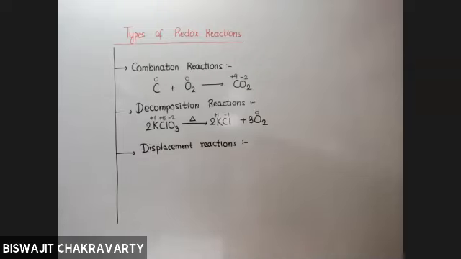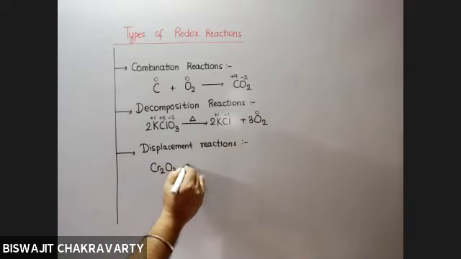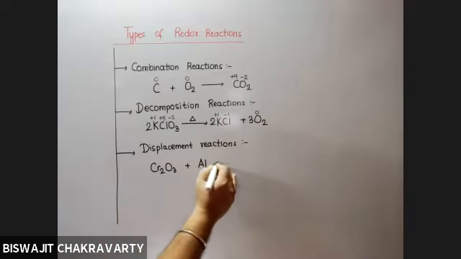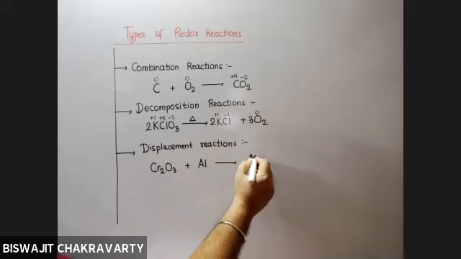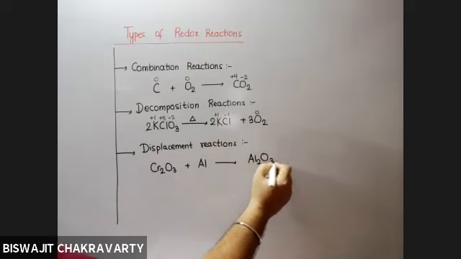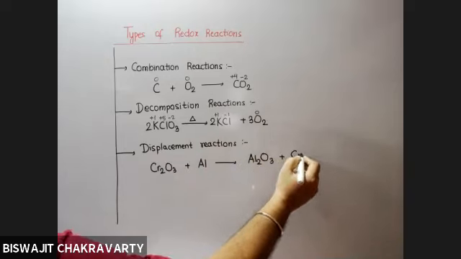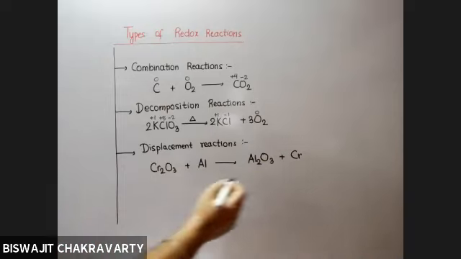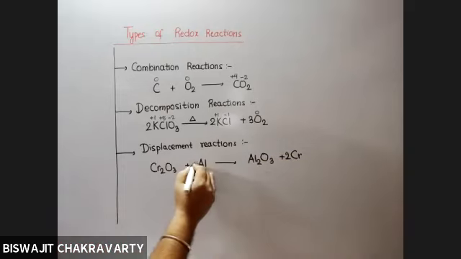When one element displaces the other from its normal position, it is referred to as a displacement reaction. Say for example, we have Cr2O3 combining with aluminium. And after the reaction, aluminium is found to displace the chromium from its oxide. When you balance it, it will come out to be this.